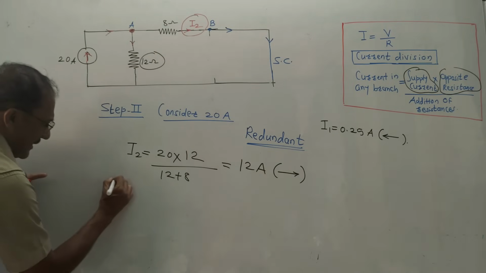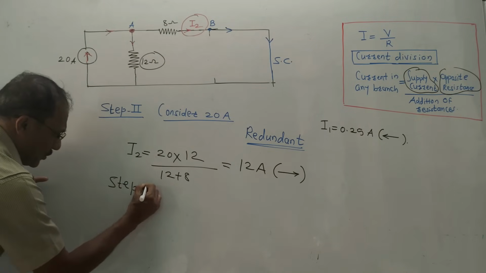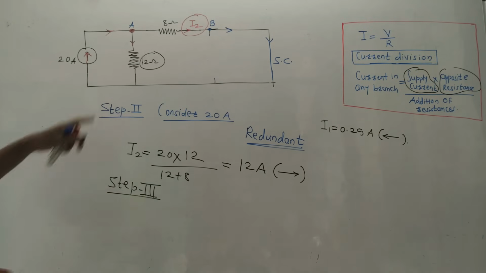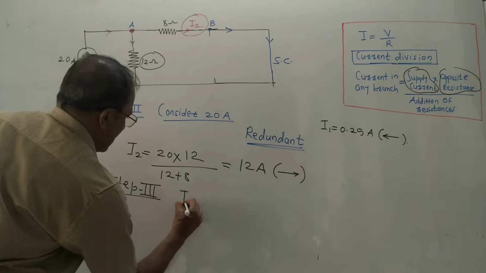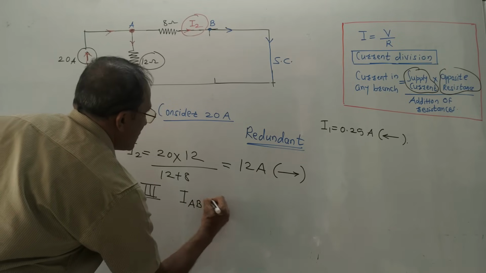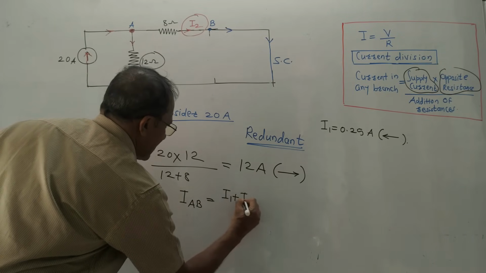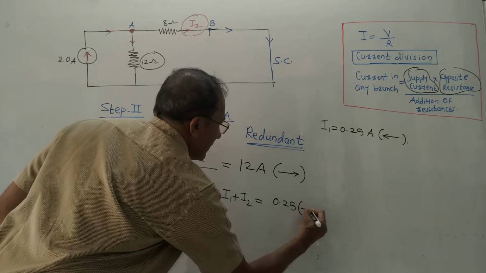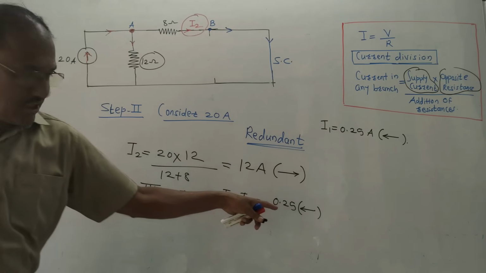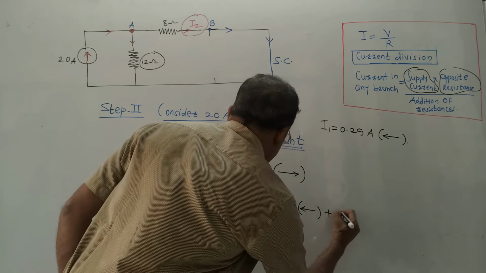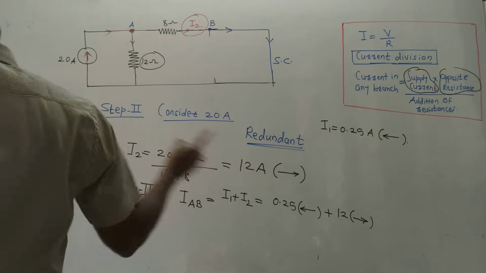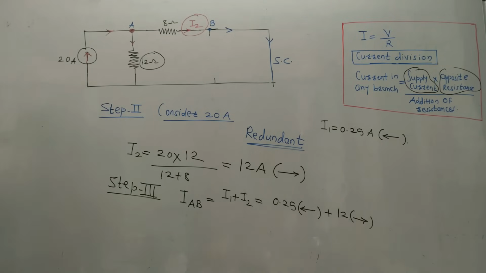Now step 3. In step 3, what I'm supposed to do is simply add the answers of step 1 and step 2. So in step 3, I will denote this current by IAB, which is I1 plus I2, which is 0.25. In the bracket, be in the habit of writing the direction, plus 12. Again, I am writing the direction. But observe these values. These two values are in opposite directions.